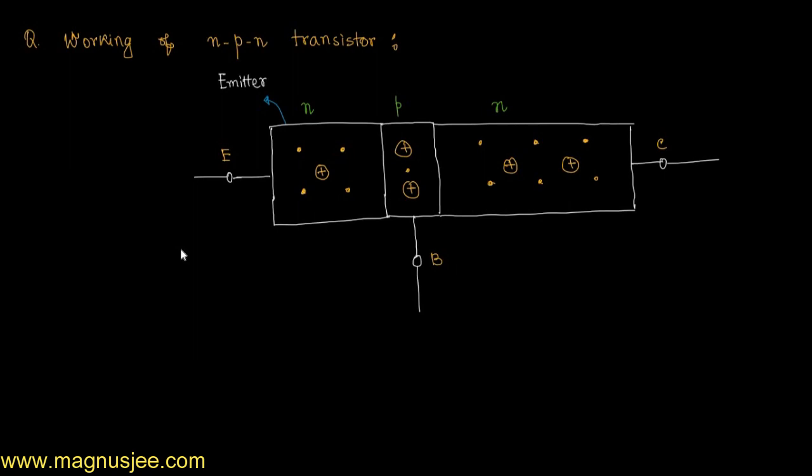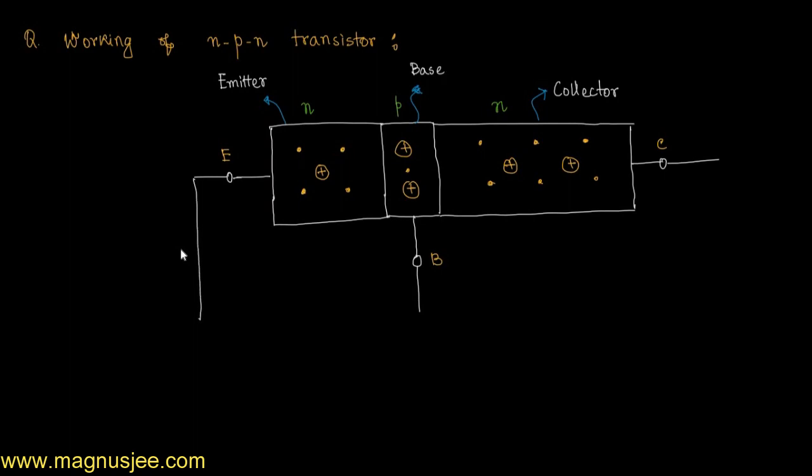This element is known as the emitter. On the right hand side, the longest part of the transistor is the collector, and the middle portion is known as the base. B is base, E is the emitter, and C is the collector.